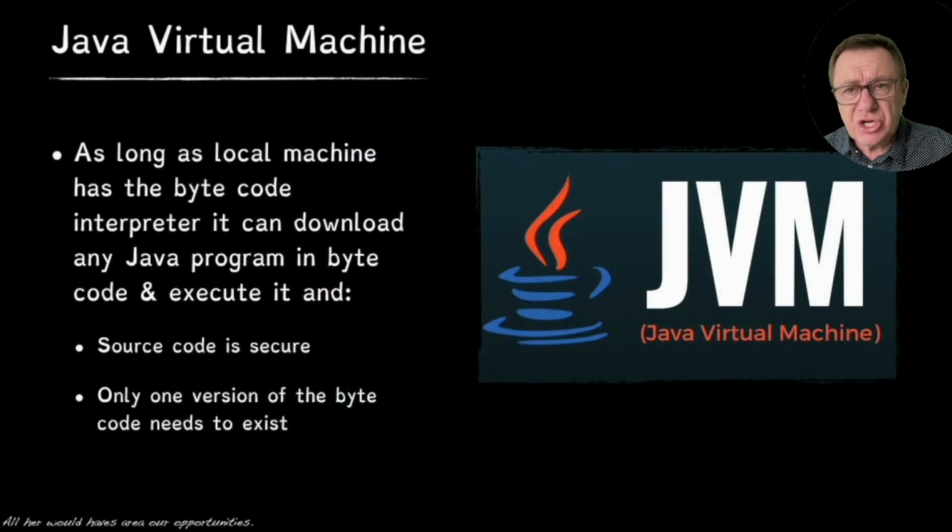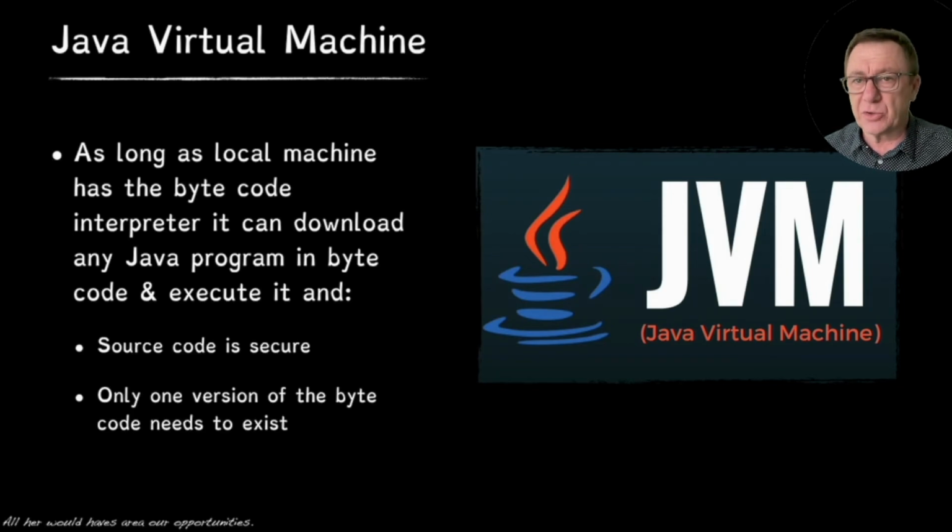Now, Java, or the Java virtual machine, I say here, as long as the local machine has the bytecode interpreter, it can download any Java program in bytecode and execute it. And what do we mean? Well, if I write my program in Java and I compile it, and I did that, let's say, on a Mac, theoretically, and I say theoretically, I can take that bytecode over to Windows, and provided I've got the Java virtual machine on Windows, it'll be able to run.